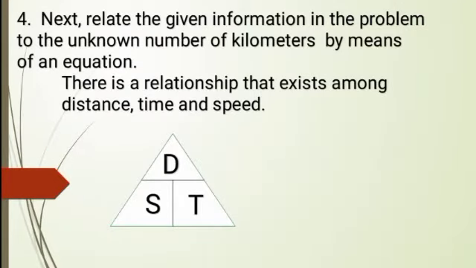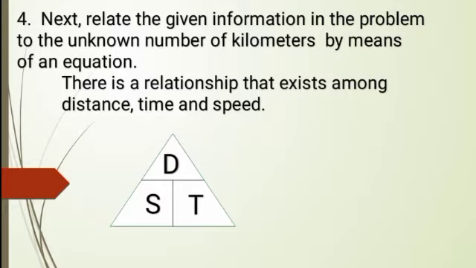Number 4. Let us relate the given information in the problem to the unknown number of kilometers by means of an equation. There is a relationship that exists among distance, time, and speed. Now let us have our DST triangle here, or the magic triangle.